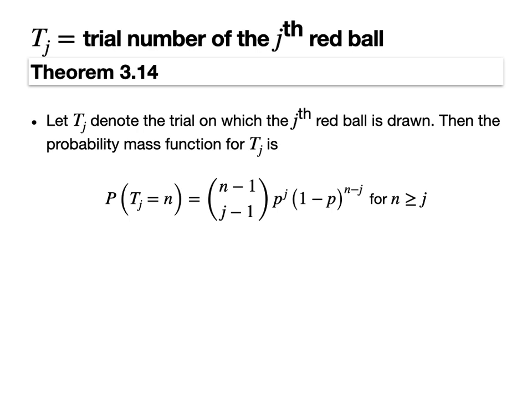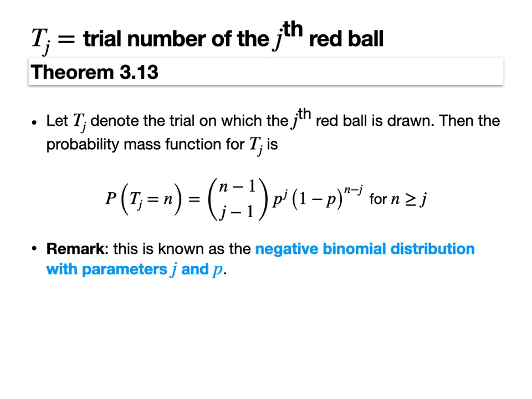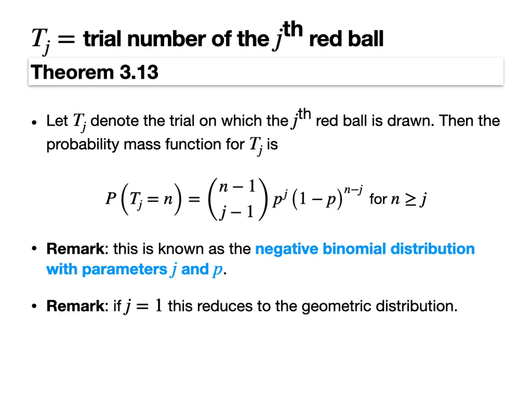And this thing is known as the negative binomial distribution with parameters j and p. And so a special case of this is when j equals 1, and there we're looking for the trial number of the first success.